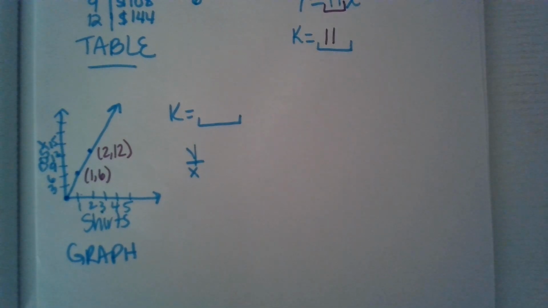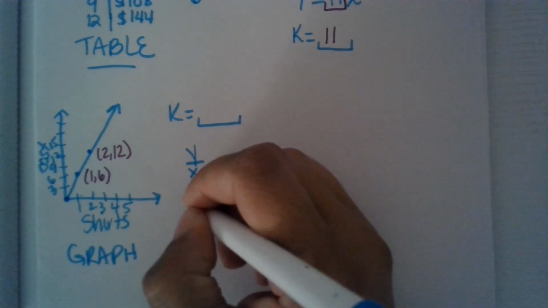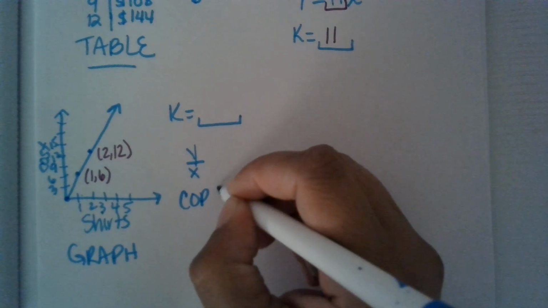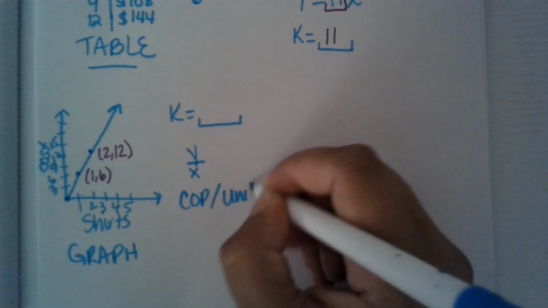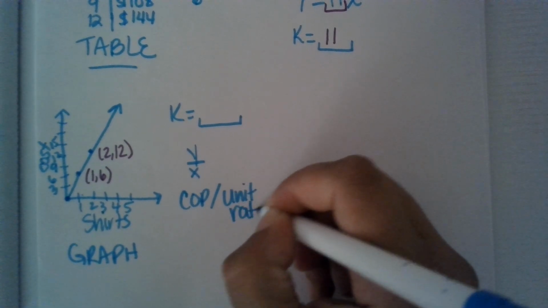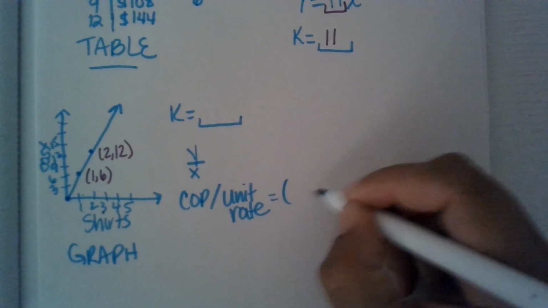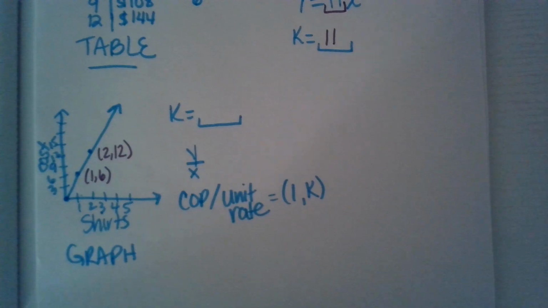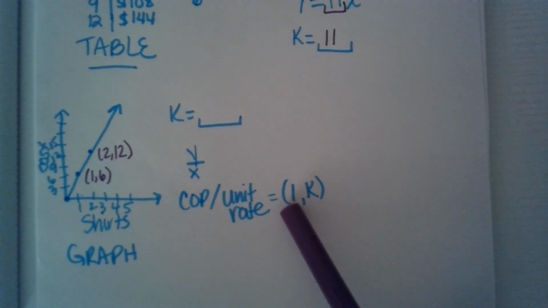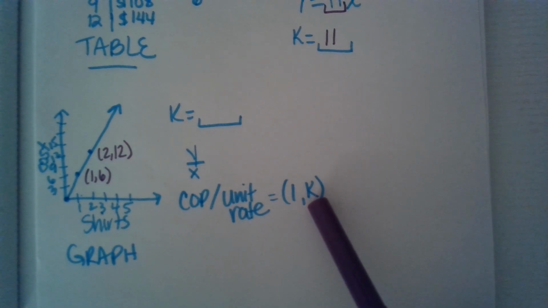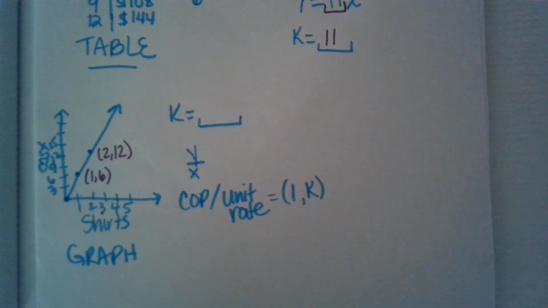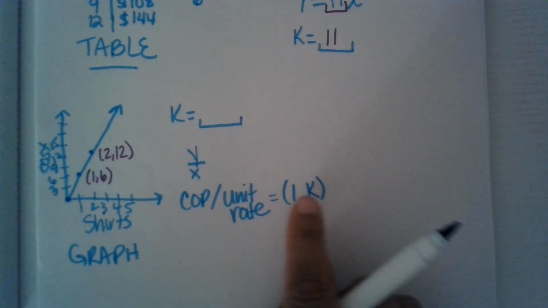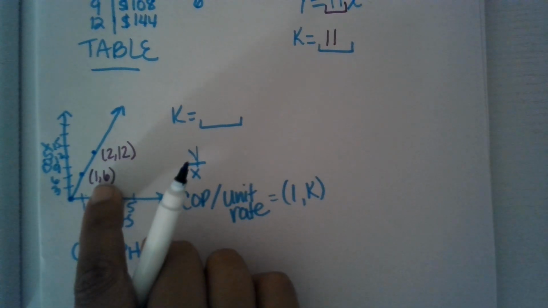Now, oftentimes your magic number, your COP, or your unit rate, remember they mean the same thing, usually if it's an ordered pair, is the value in which X has to be a 1. Your Y coordinate gives you that magic number. So when I look at this ordered pair, because I have a value of 1 as X, that means 6 has to be your K.